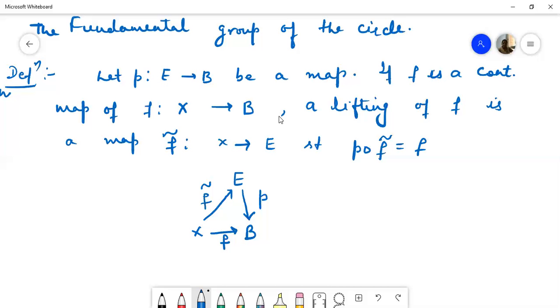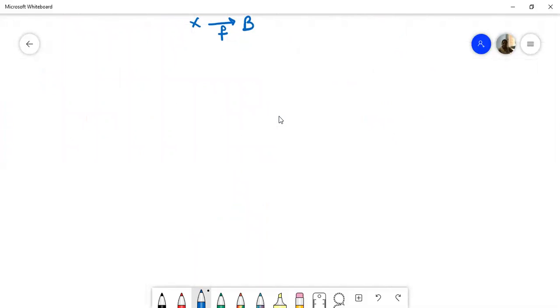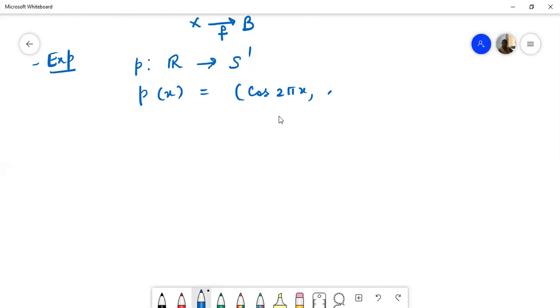So firstly, let us take an example of lifting. Let us consider the mapping P from R to S1, which we have proved to be a covering map, and this mapping is given by P of x equal to cos 2 pi x, sin 2 pi x.